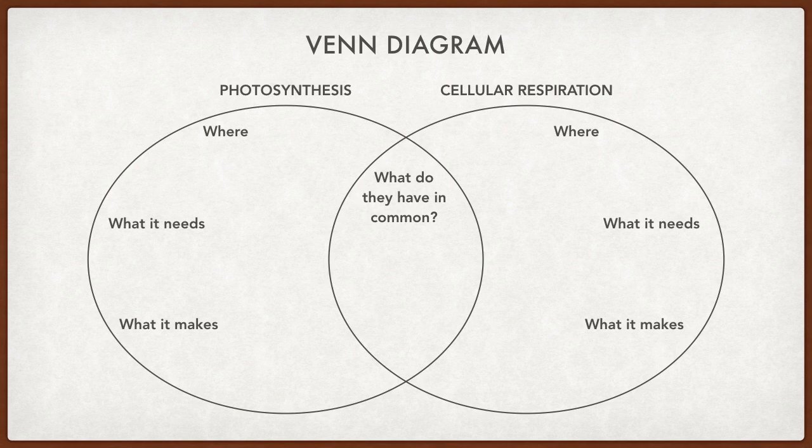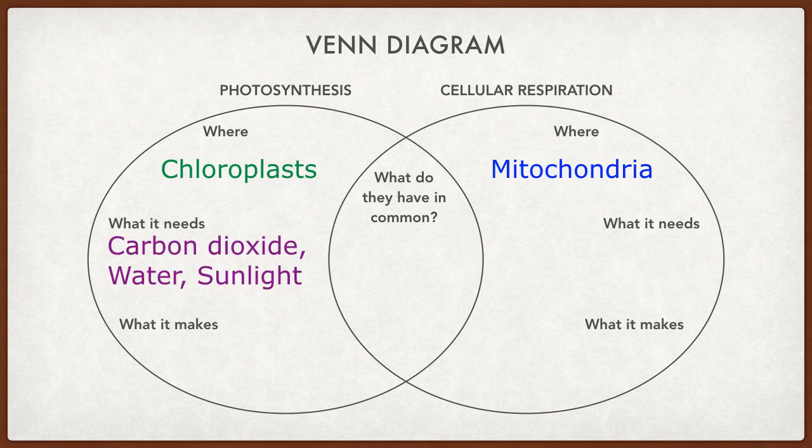So hopefully you and your partner came up with some similarities and differences. To go over the answers briefly, where photosynthesis takes place is in the chloroplast, whereas cellular respiration takes place in mitochondria. The ingredients, reactants, needs of photosynthesis are carbon dioxide, water, and sunlight, and the plants produce both glucose and oxygen from that process.